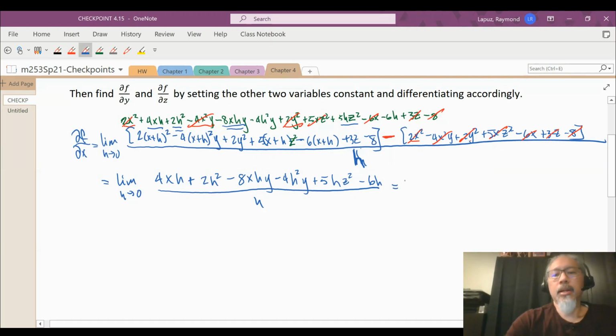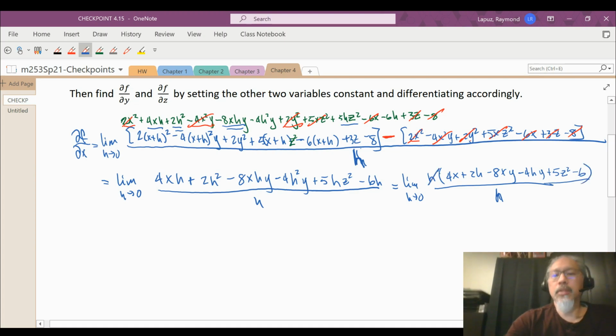So we can write that as a limit as h approaches 0 of all those terms with an h in it. So we can cancel with the h in the bottom. And if we take the h out, we would have 4x plus 2h minus 8xy plus 4hy plus 5z squared minus 6.